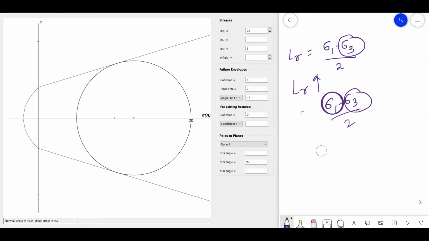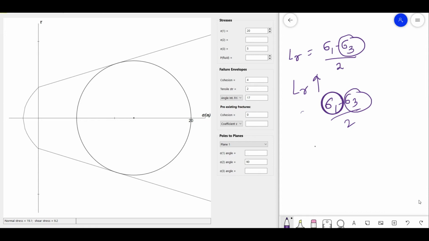In the third case, what happens is that if there is an amount of pore fluid pressure, it tries to reduce the normal stress, and hence reduces the principal stresses also.